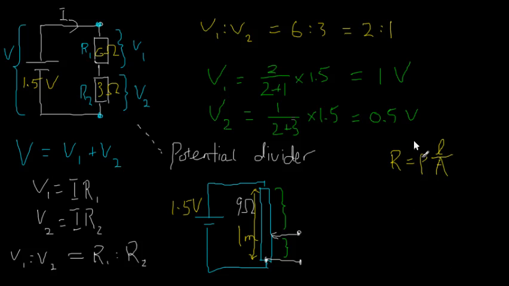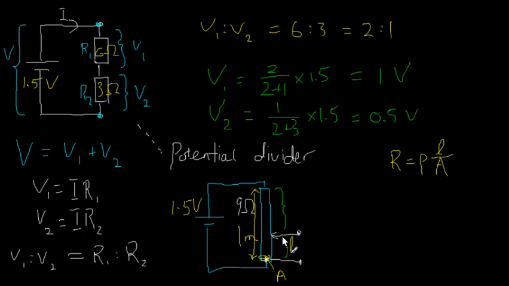Now this refers to the resistance of a piece of wire with a length L, for example, and cross-sectional area A. So suppose that this is my piece of wire, and that my L here is the length of this bit. And the cross-sectional area A is the cross-section of this wire. And the rho here is the resistivity of this wire.